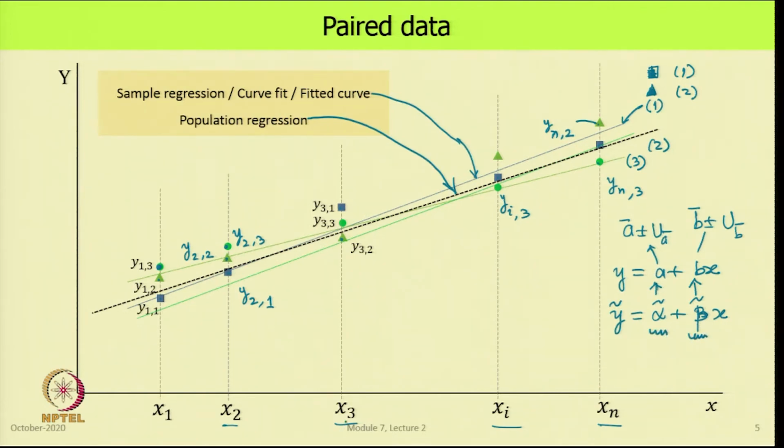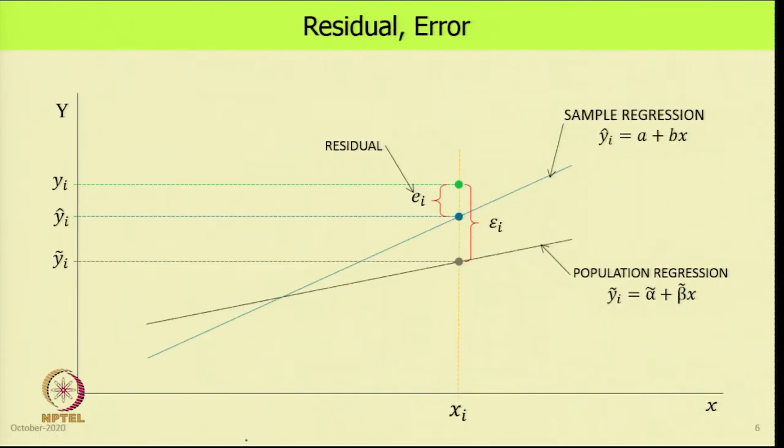To do that, we first make one important definition. What we have plotted here is just one case, one point.